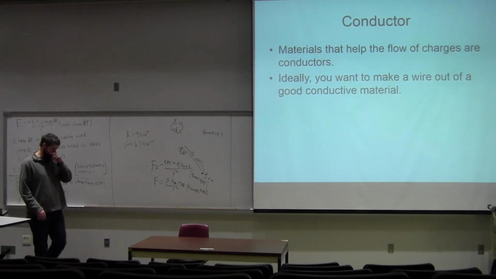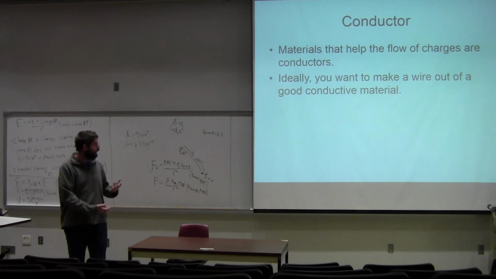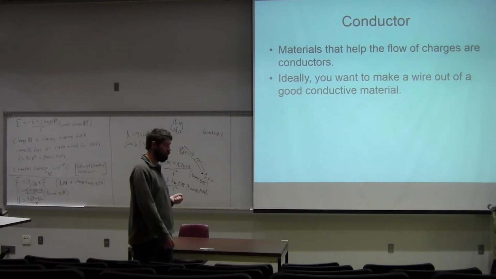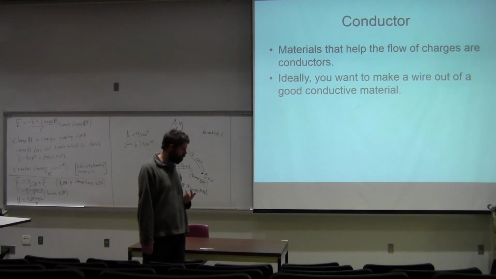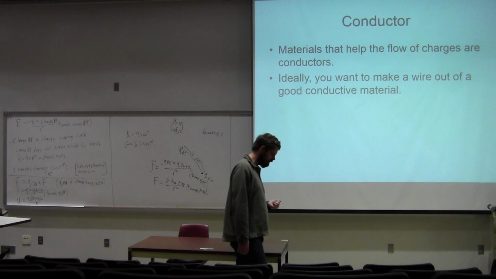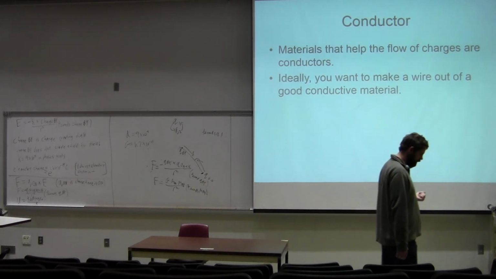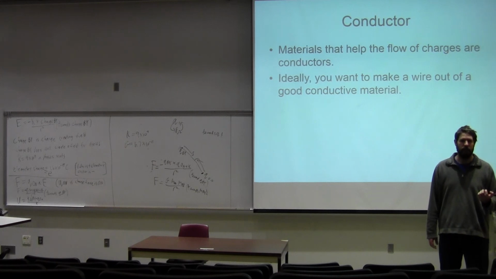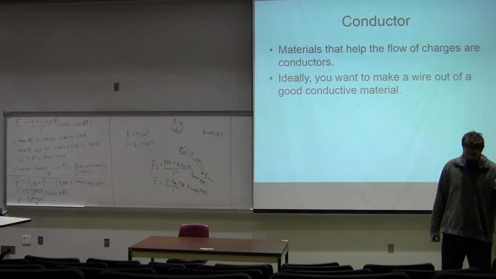Conductors are materials that allow charges to flow, like metal. Copper is a really good conductor. Silver and gold are even better, but they're very expensive. Copper is about 15 cents an ounce. Silver is $15 an ounce, well, $14 an ounce as of making this.